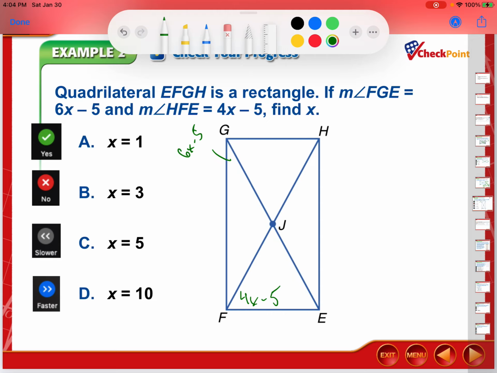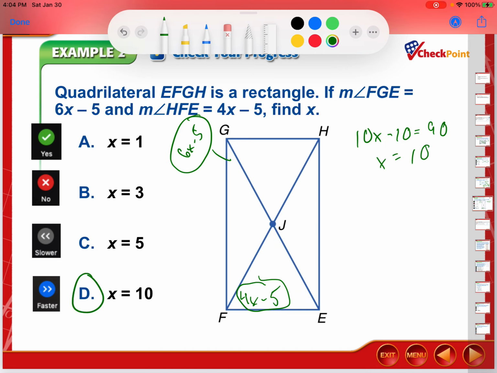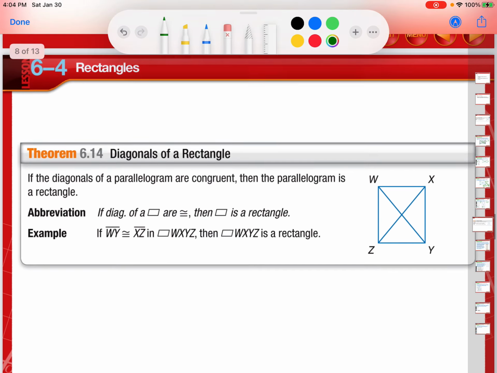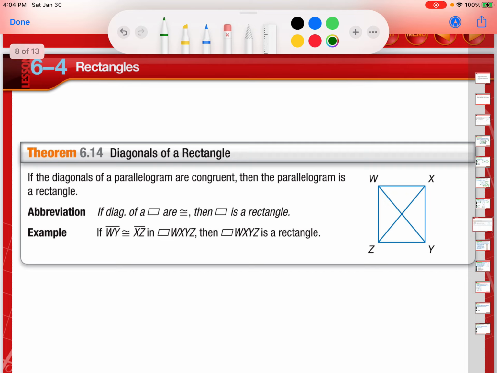So once again, we know these added together will equal 90. So we're left with 10x minus 10 equals 90, which means x equals 10. And there's my redeem question, where I redeem myself for my mistake.